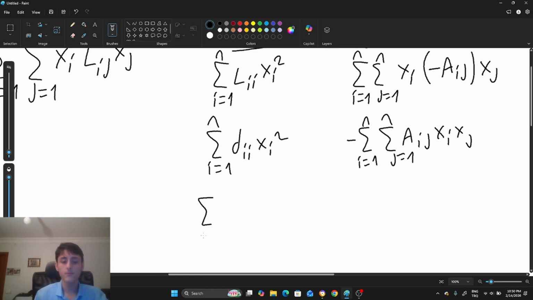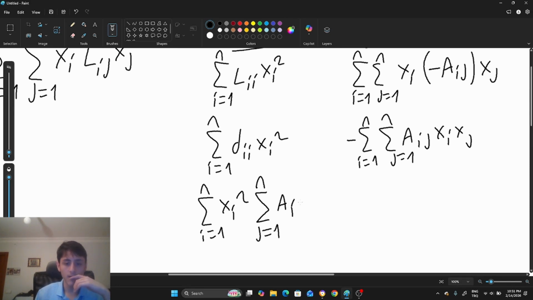The sum over i equals 1 to n of xi squared, and I just copied this from above, and here is where things get tricky: the sum over j equals 1 to n of the adjacency matrix a_ij.